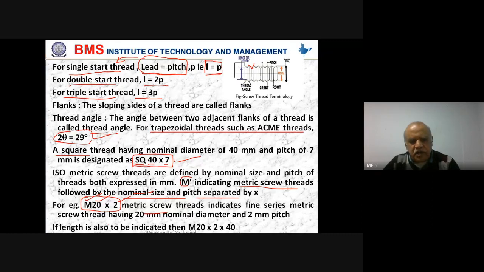If the length of the screw is also to be indicated, we can have something like M20 by 2 by 40. M stands for metric thread, 20 for nominal diameter, 2 for pitch, and 40 for the length of the screw thread. Is that okay?